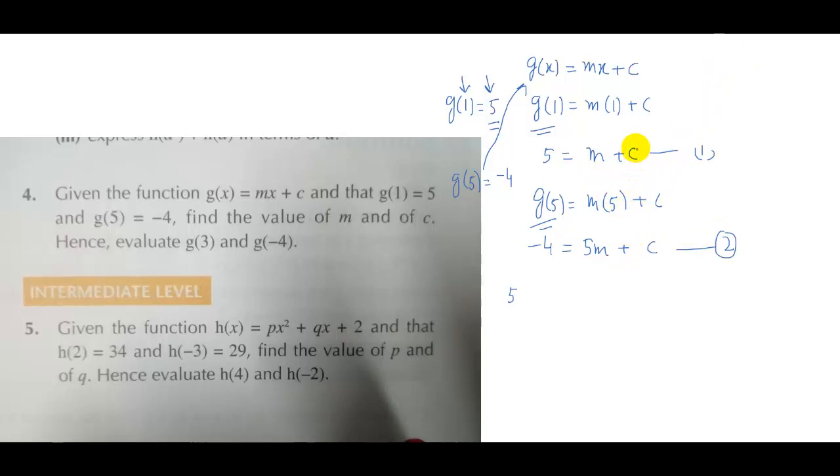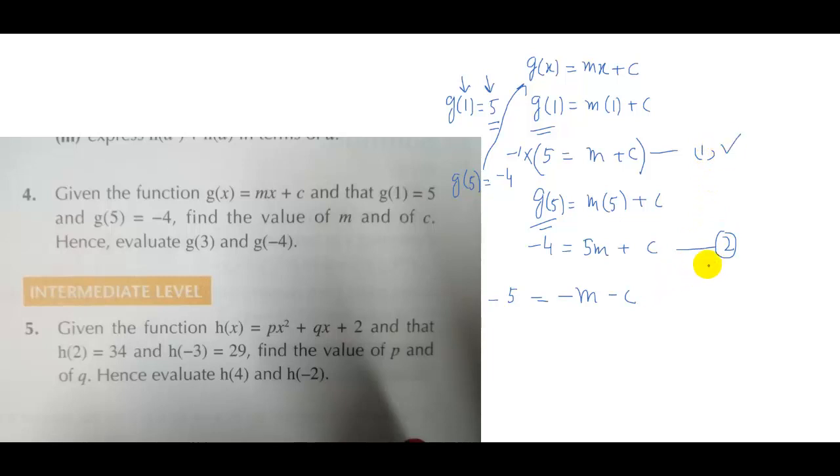So to eliminate c, the sign of c must be different. So what we do, we will multiply by minus 1, either equation 1 or 2. So let me multiply this by minus 1. So it will become minus 5 is equal to minus m minus c.